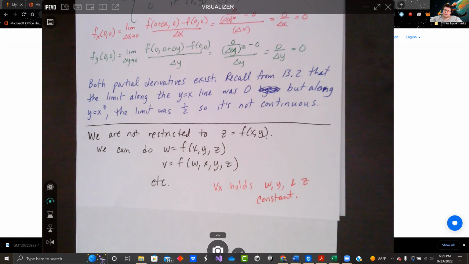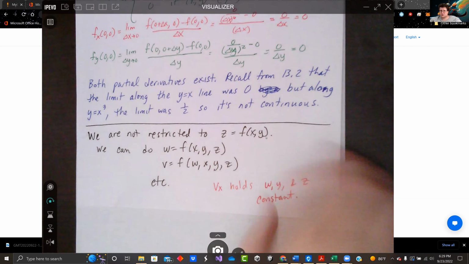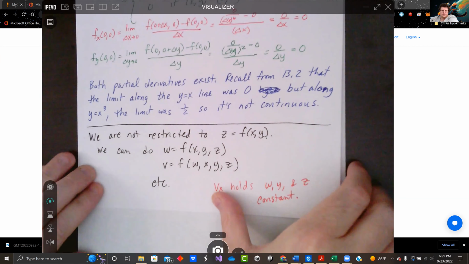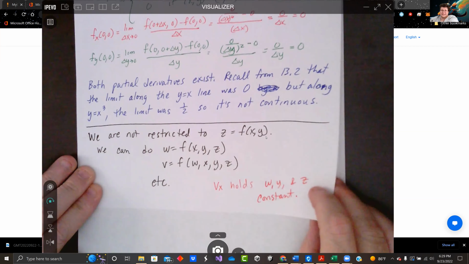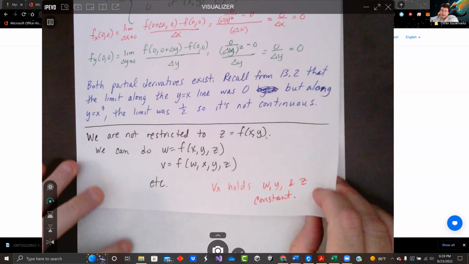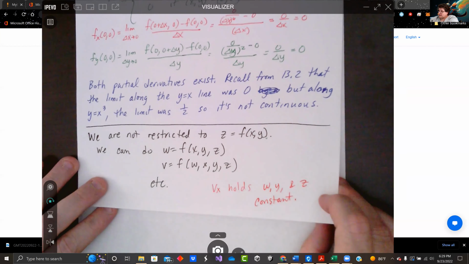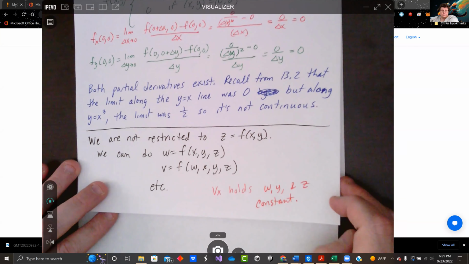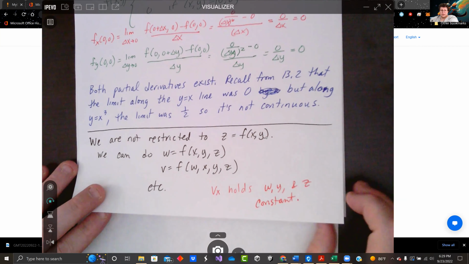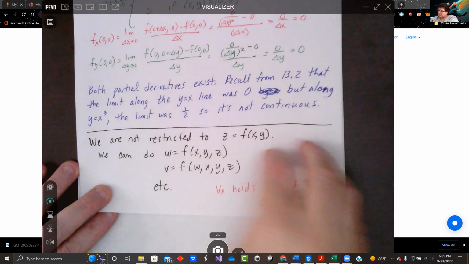The same thing happened with the delta epsilon proofs. I didn't actually say it. We can upgrade that to x minus x naught squared plus y minus y naught squared plus z minus z naught squared in that square root, and do f of x, y, z minus L. This all extends beyond just f of x, y like that.